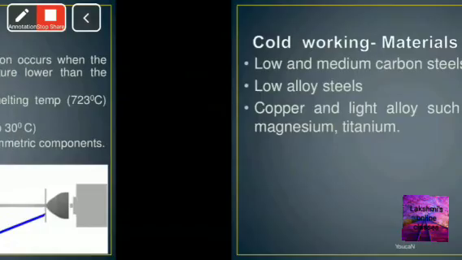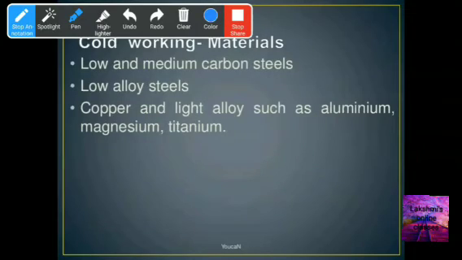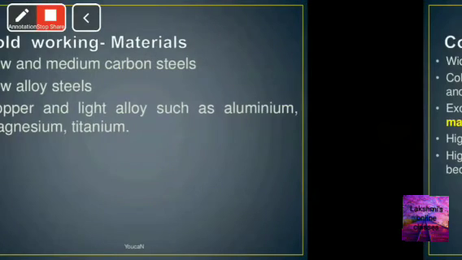Coming to cold working materials: low and medium carbon steels, low alloy steels, and third, copper and light alloys such as aluminum, magnesium, and titanium. So these are the different types of materials used in cold working.